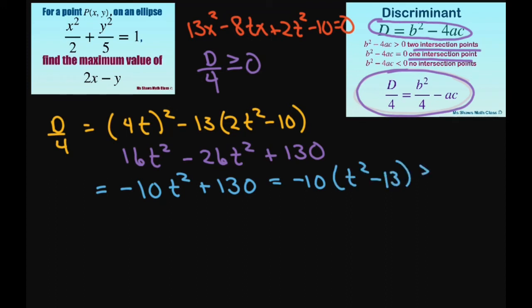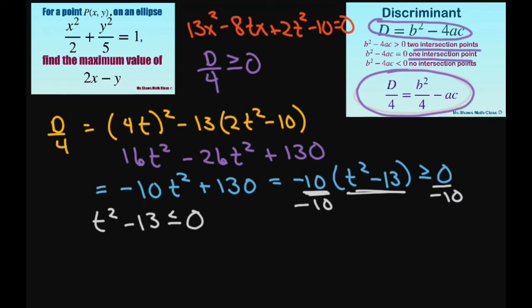Again, we want all this to be greater than or equal to 0. This is just a constant, so we're just looking at t squared minus 13. That is going to be less than or equal to 0, because if we divide both sides by negative 10, we have to flip that sign around.